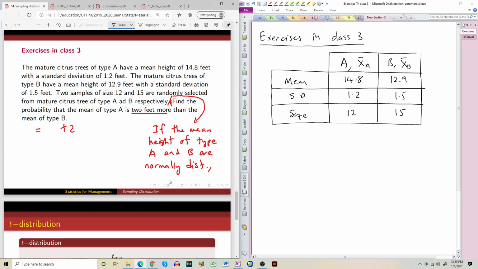The proper way is A and then should be like this. But they say more than, isn't it? So you change the equal to more than. That's how the process starts. So we're going to find this probability.